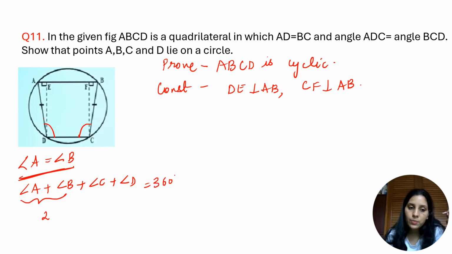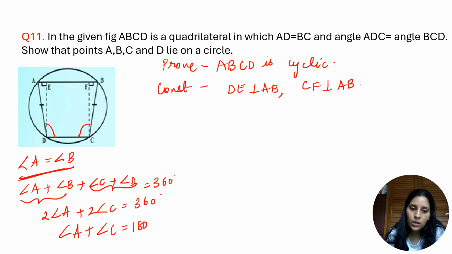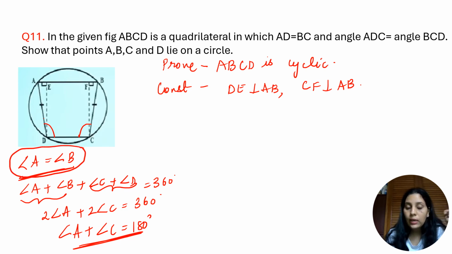So A plus B I can write 2 angle A, C plus D I can write 2 angle C. So from this I get A plus C is 180. So if I prove that opposite angles are supplementary, then the quadrilateral is cyclic, right? So main thing I need to prove A equal to B.